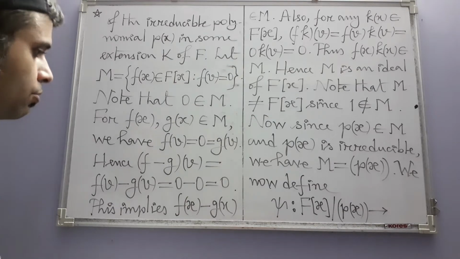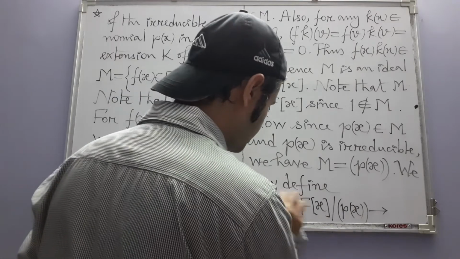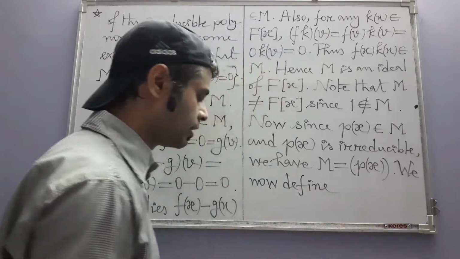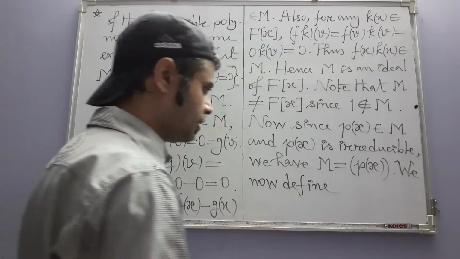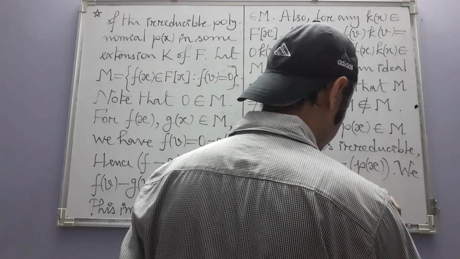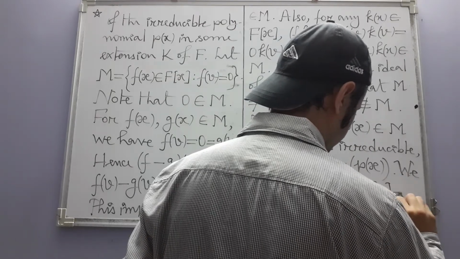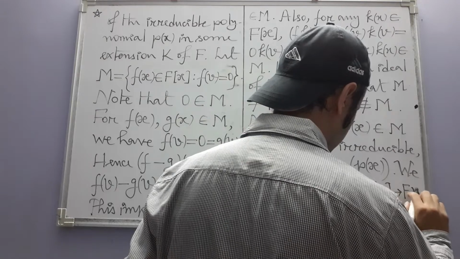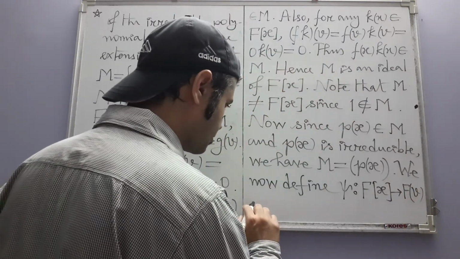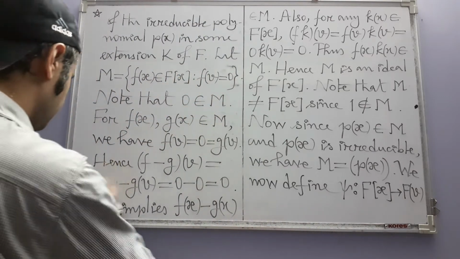No, this is not what we are going to define right now. This will come afterwards. First of all, we are going to define a function from the polynomial ring to this field by, shall I write it here? Let me continue from there.